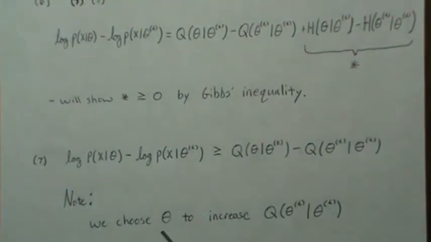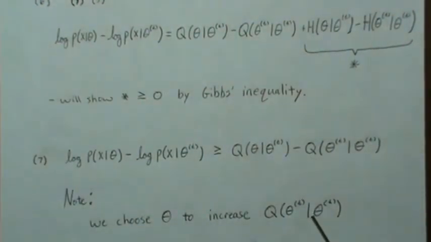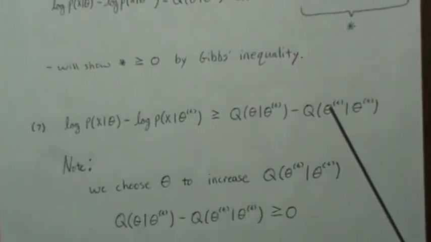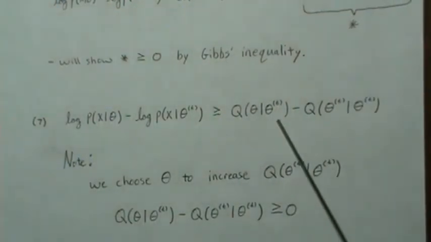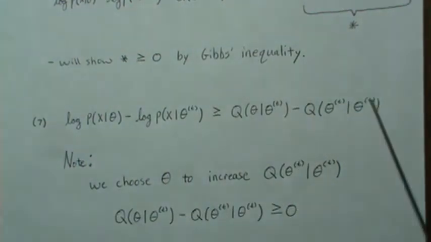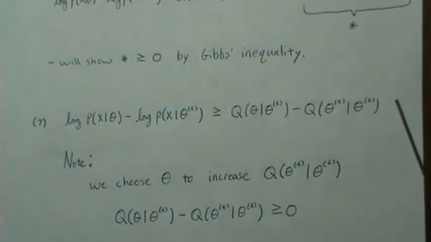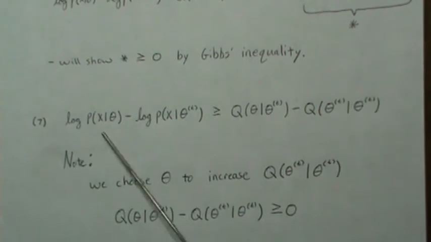So we're going to choose the theta which increases this, and it maximizes. So this piece is always bigger than this one. So we get that this piece is positive, meaning greater than or equal to 0, then it says that this piece is greater than this piece.